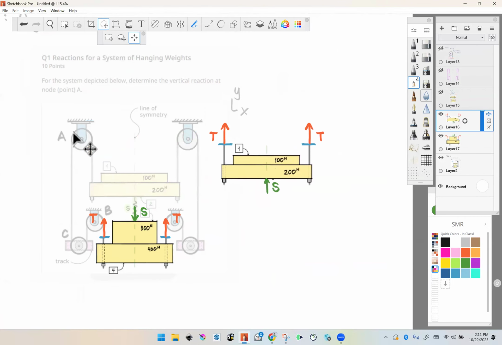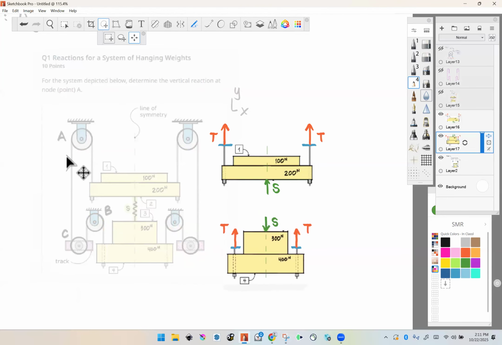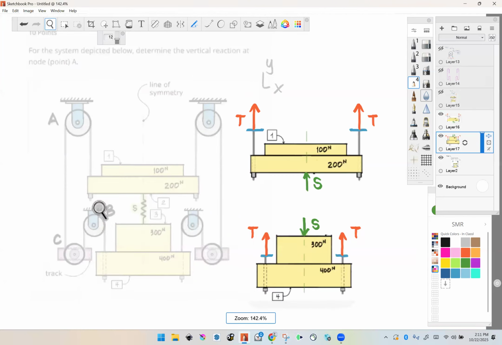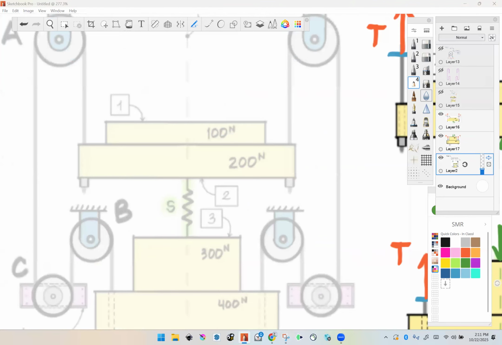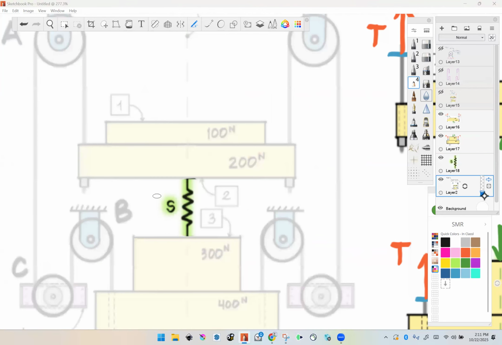As I pull them apart, that gives me a chance to think more about Newton's third law. And if I wanted a free body of that spring in and of itself, I'll get one more, just because I'm kind of going into teaching mode. If I pulled the spring out, where is that compressive assumption?